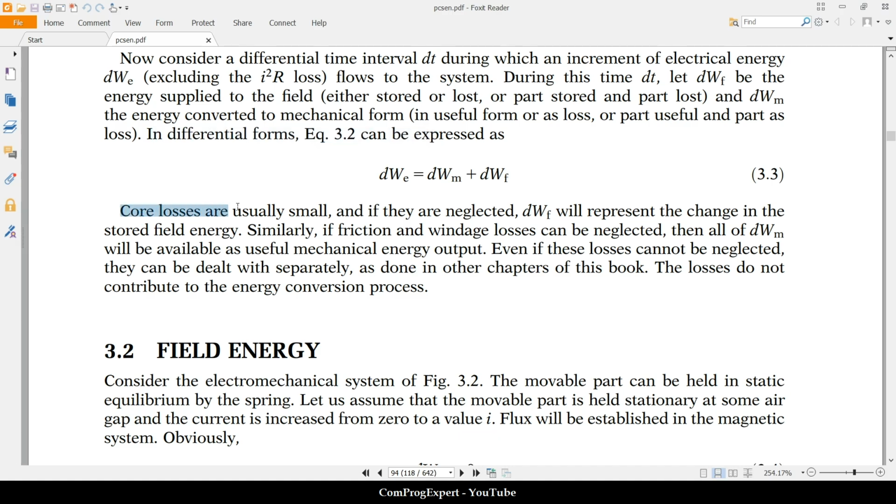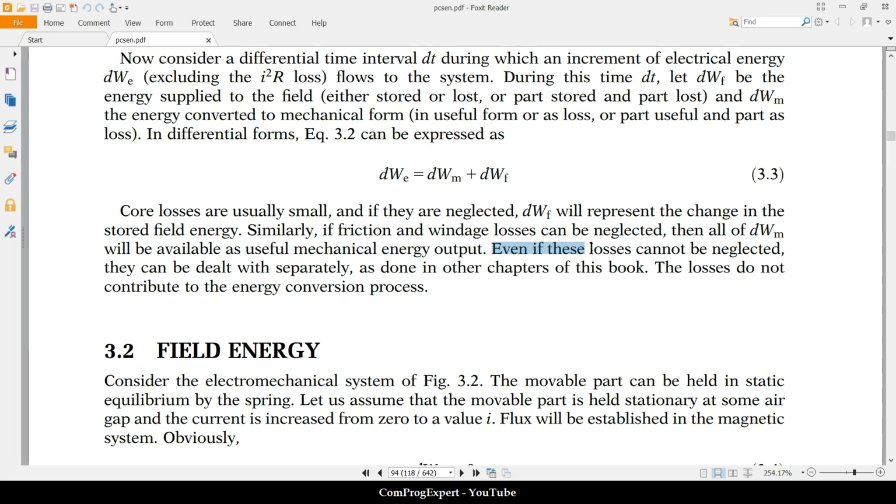Core losses are usually small, and if they are neglected, dWf represents the change in the stored magnetic field energy. Similarly, if we neglect friction and windage losses, mechanical losses, dWm will be available as useful mechanical energy output.